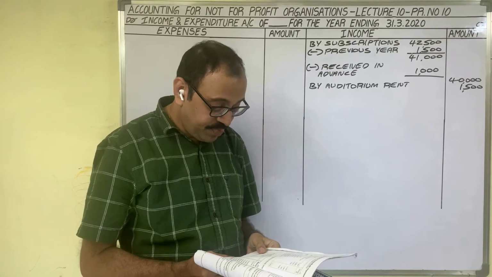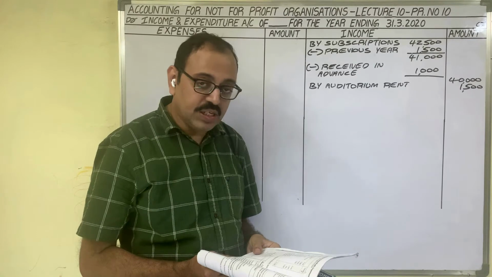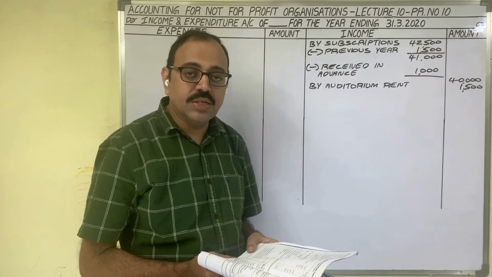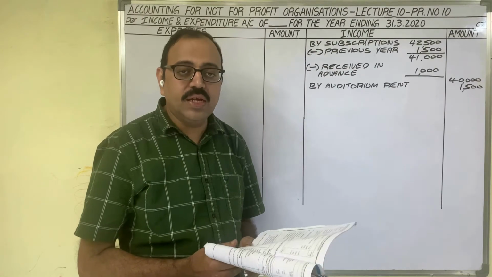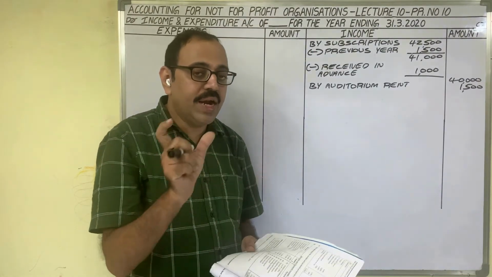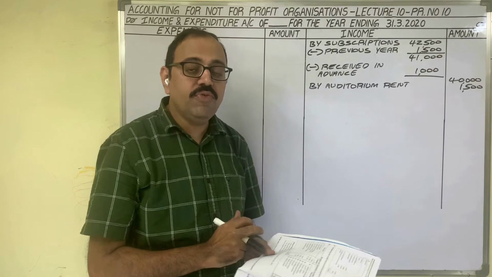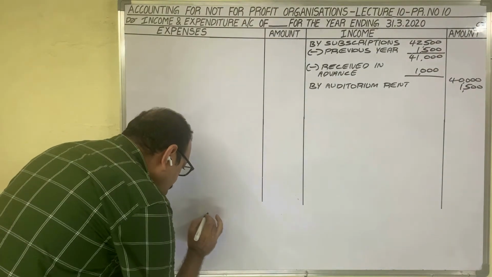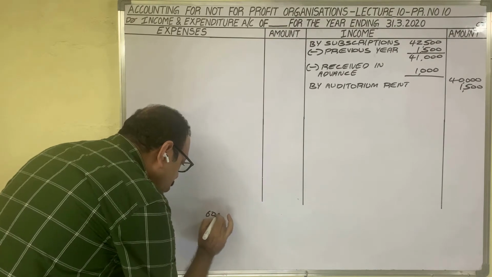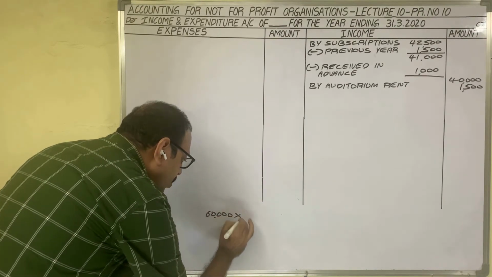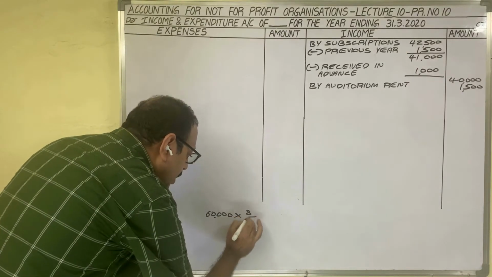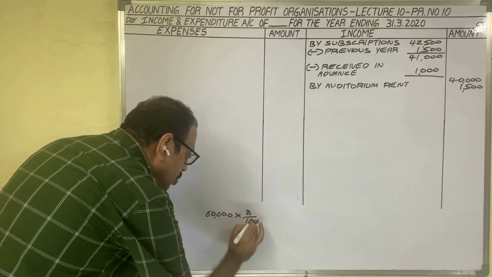Adjustment number 3. The value of investment 60,000 rupees and the rate of interest 8%. So when he gives like this, investment value and rate of interest, then what we should do is, in rough notes, we have to find out how much interest should come. Investments value 60,000 rupees, on that 8% interest should come.